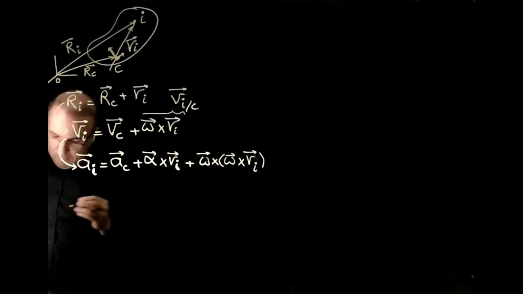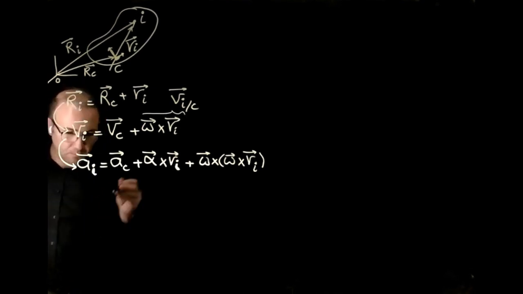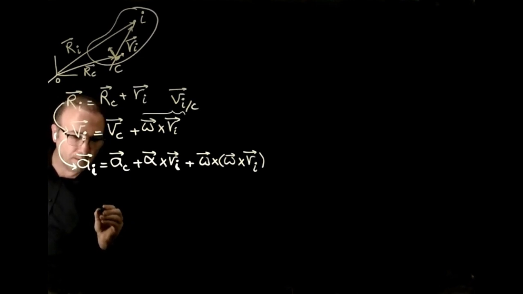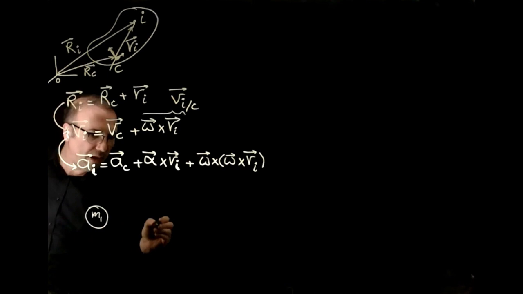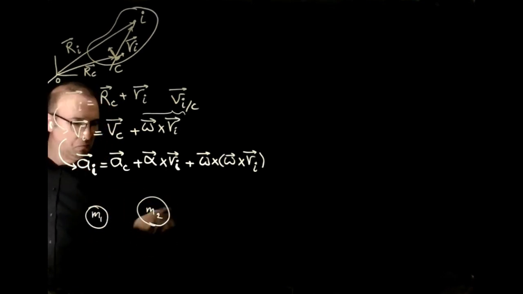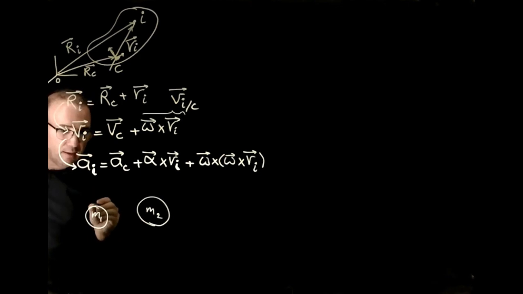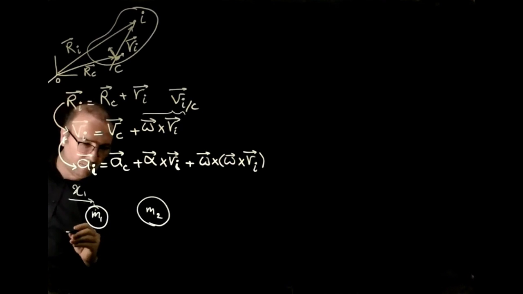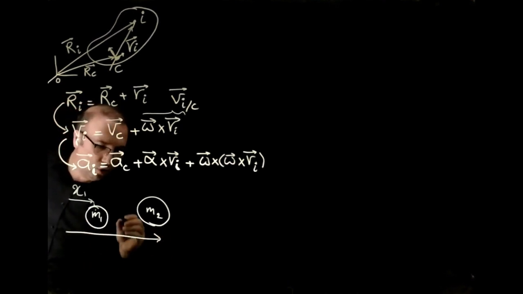Then the other thing is about center of mass. Let's say I have a mass M1, and then I have another mass M2, which is bigger. Then the x coordinate of M1, let's call this x1. The x coordinate of M2, let's call this x2.